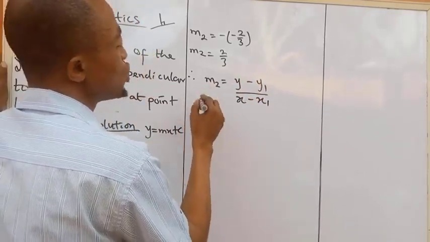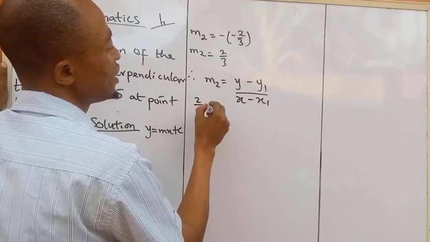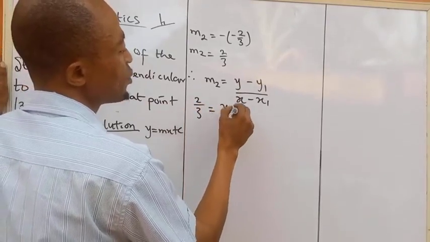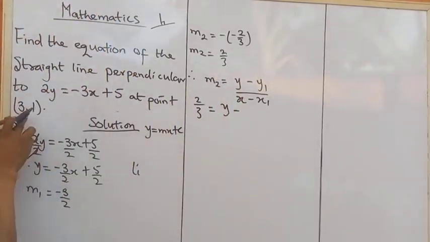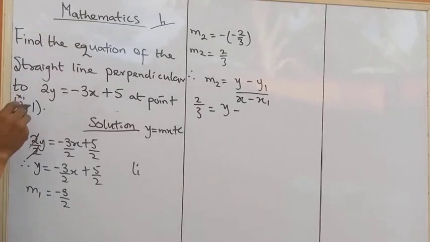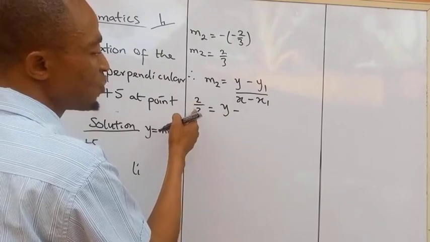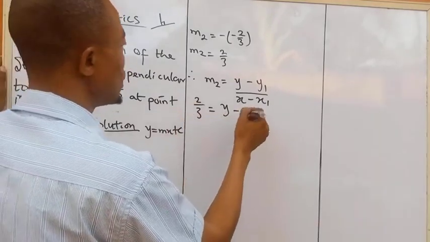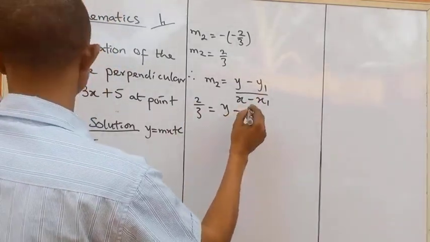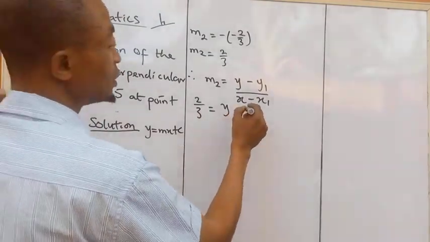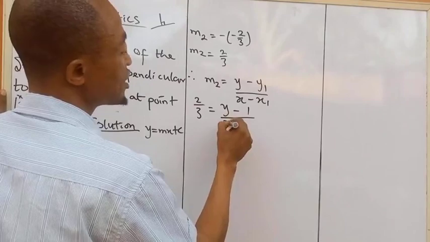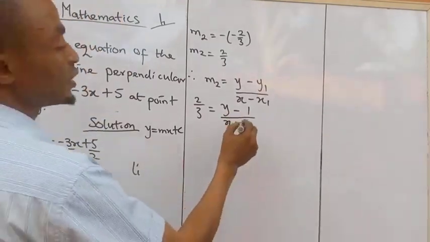So what's our m2? 2 over 3 equals y minus, so you come to this point that you are given. This 3 represents x1, and this 1 represents y1. So we have gradient 2 over 3 equals y minus, what's our y1? y1 is 1, over x minus x1, that's 3.